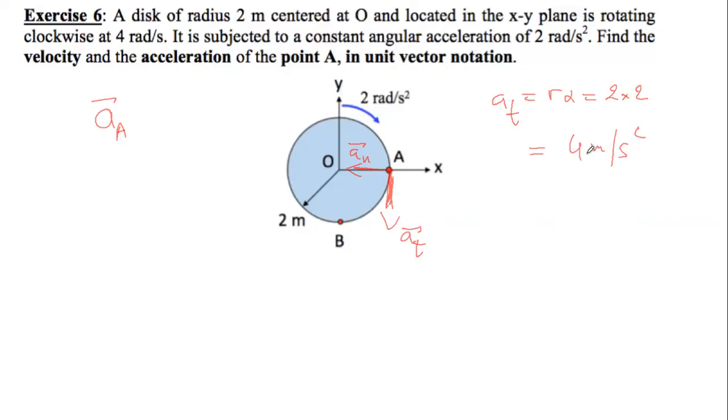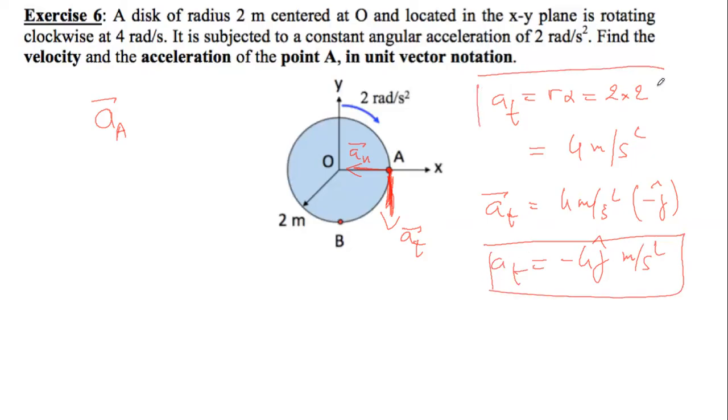What will be the direction of the tangential acceleration? If I want to put it in vectors, it's 4 meters per second squared in the direction of minus j hat. We know it because this direction here is the negative y direction. So the tangential acceleration is minus 4 j hat, units are meters per second squared.